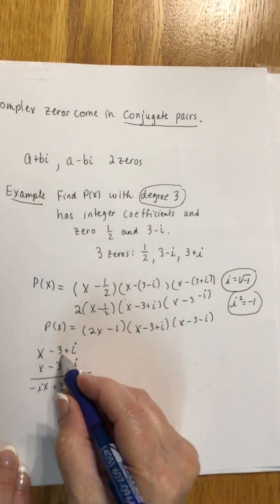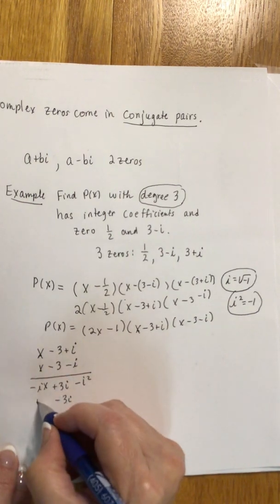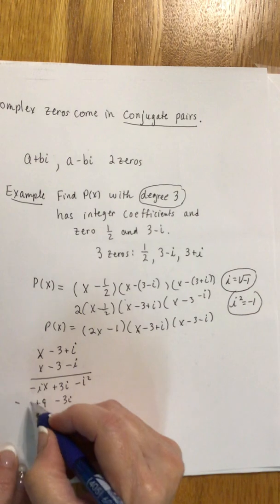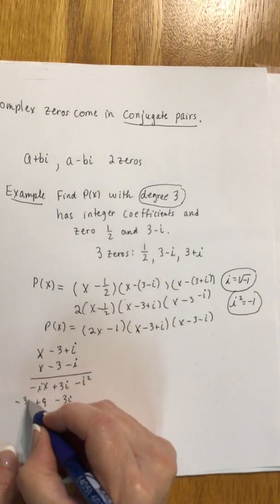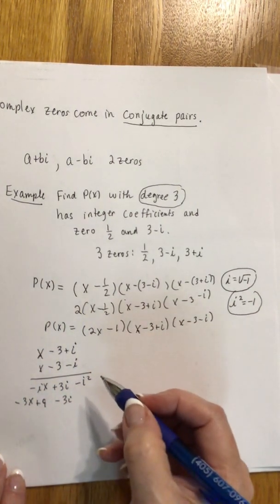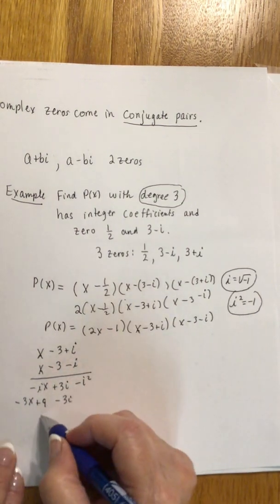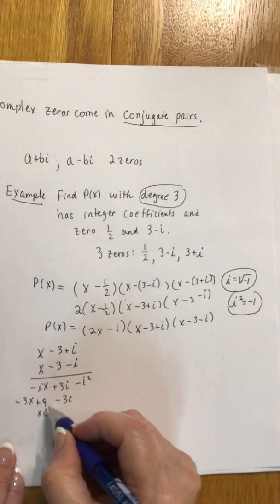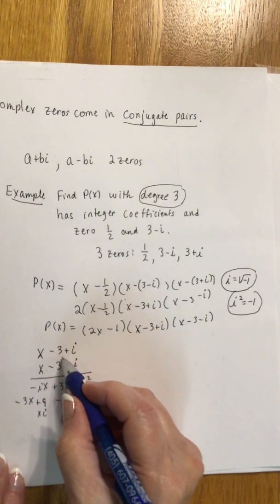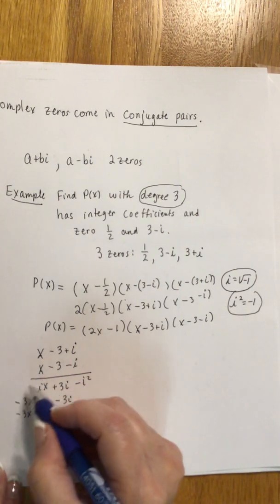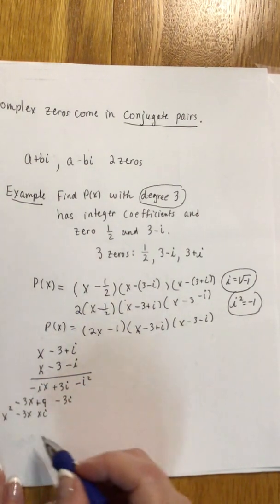Negative 3 times negative 3 gives me a positive 9. Negative 3 times x, negative 3x. The last one is an x times i, so that gives me xi, x times the negative 3 gives me a negative 3x, and x times x gives me x squared.